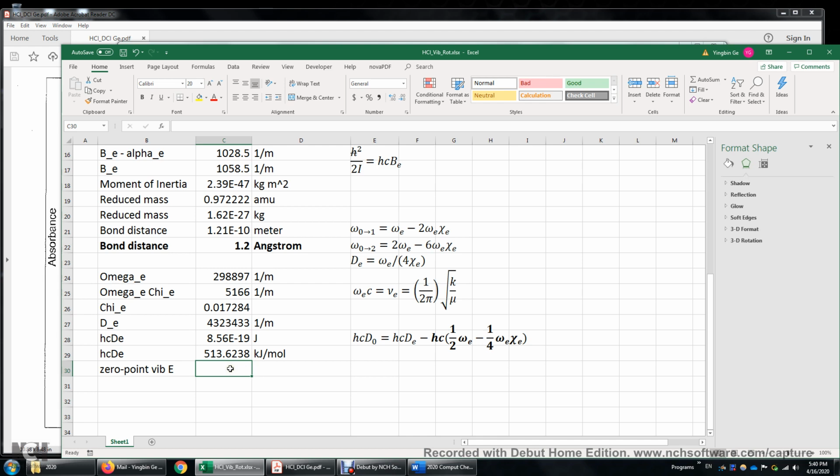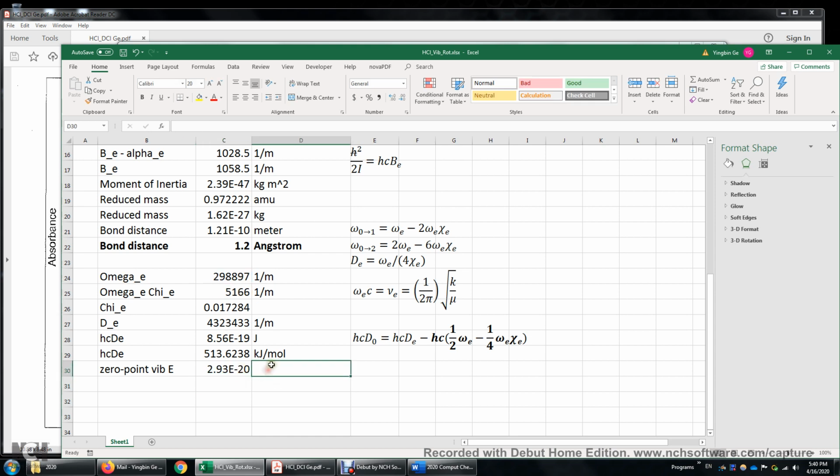So I will type h, the Planck constant, and the speed of light. And then we're going to do omega e. Again, this is SI unit, so this is really nice. Divided by 2, and minus omega e chi e, over here divided by 4.